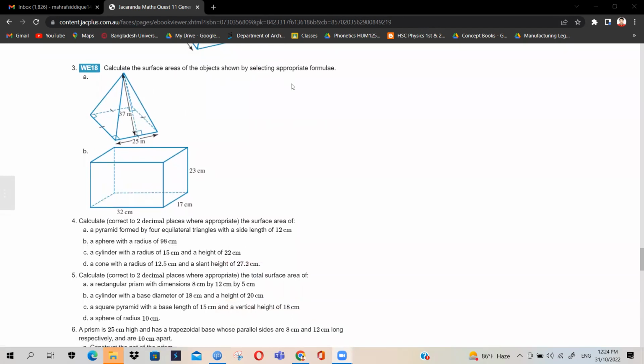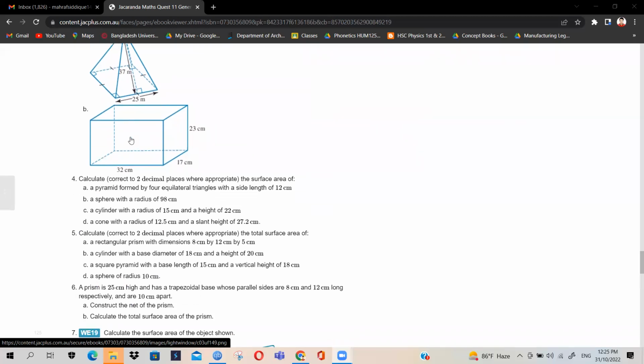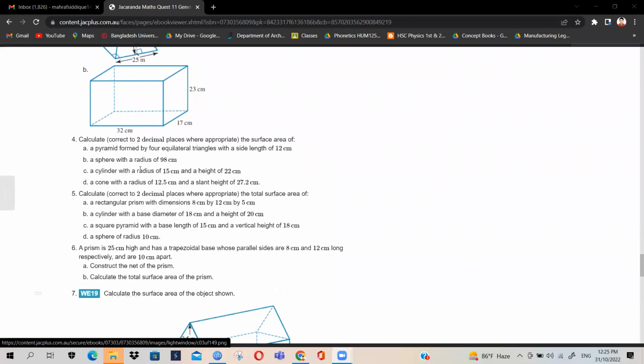Calculate the surface area of the object shown by selecting the appropriate formula. I think you should be able to do this one as well because it is a square base pyramid. So for the base, it will be 25 squared. And in the case of the triangles, the height is already given and you have got the base. So very easy. And for the rectangle, it's easy as well.